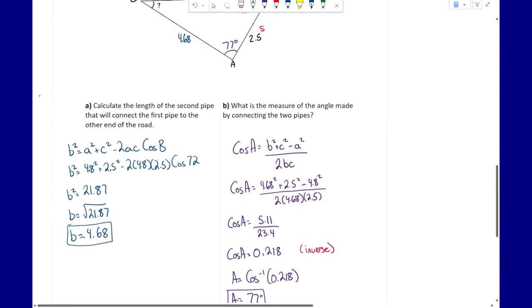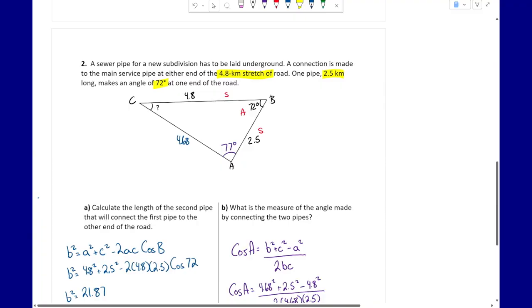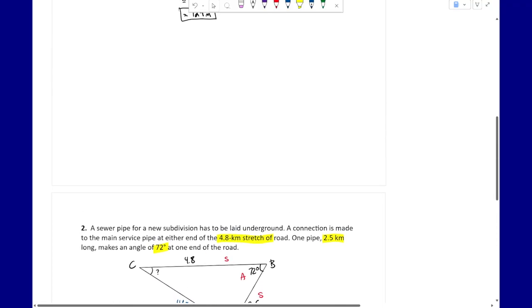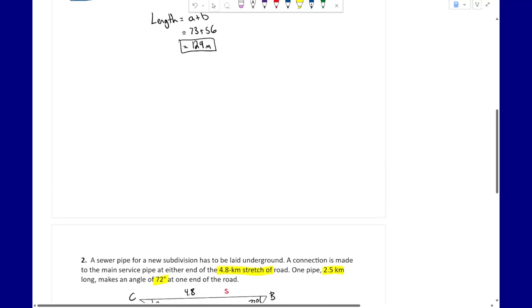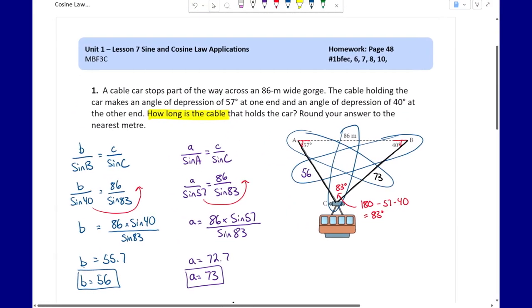The main thing is being able to visualize the triangle and then determine what type of law to use. We know these ones are going to be sine or cosine law because they don't have a right angle in them. Make sure you are comfortable using the sine and cosine law to determine missing sides or angles.